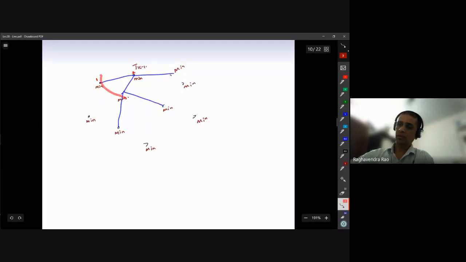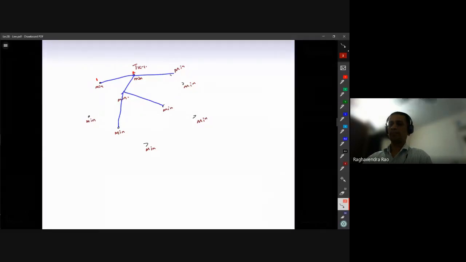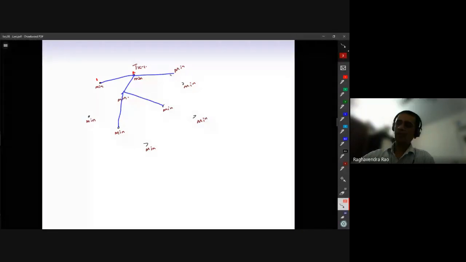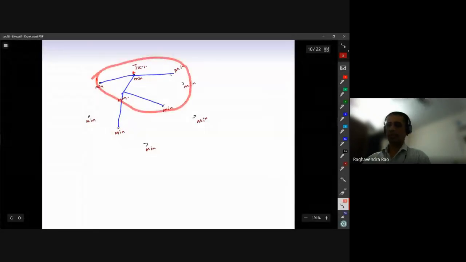Let's say this was my T k minus 1. Then when I add this, what do I need to do? I need to compare with the min of this vertex as well as the min of this tree. Whichever is smaller, I just keep it, and I continue.